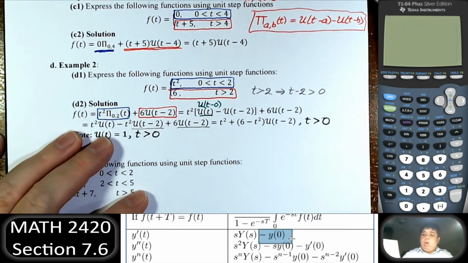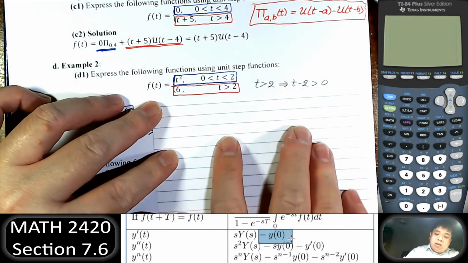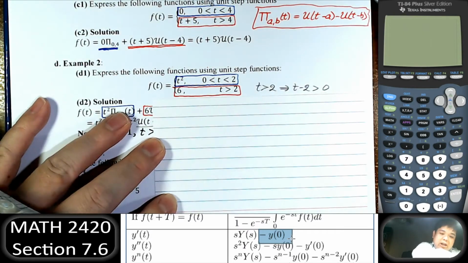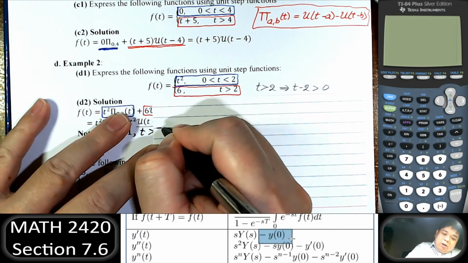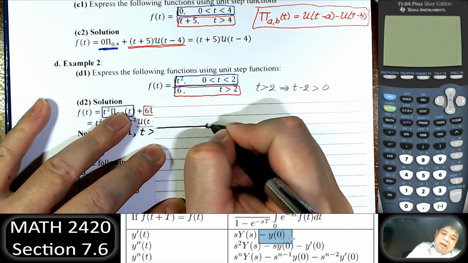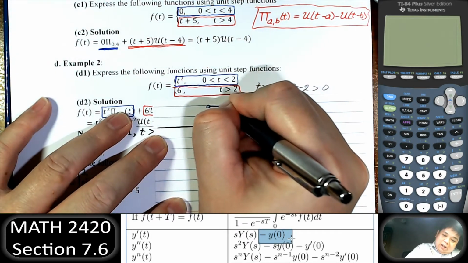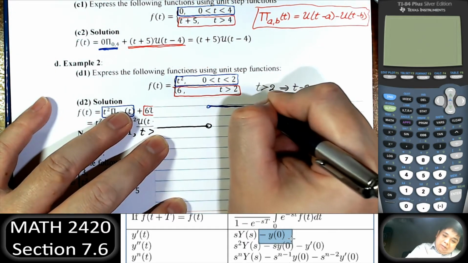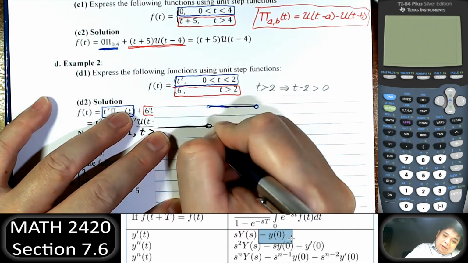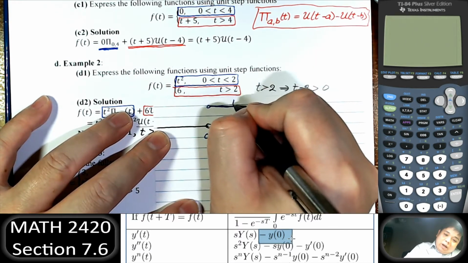Right, before we do that, I just want to look at this function. Let's see. So originally it goes from 0, and from 0 to 2 the function is t squared.